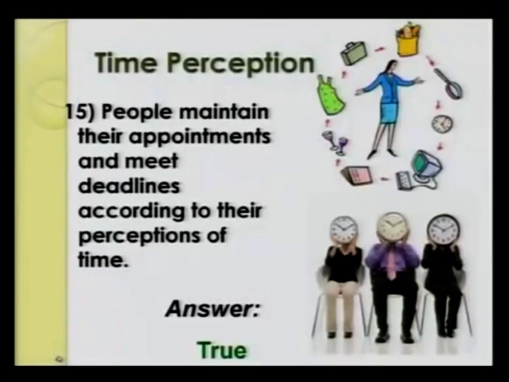Accordingly, if somebody is polychronic, the person does not bother about following the deadline in the stipulated time, and is not concerned about meeting the person in time, and vice versa. So, you can give 1 mark if it is true.